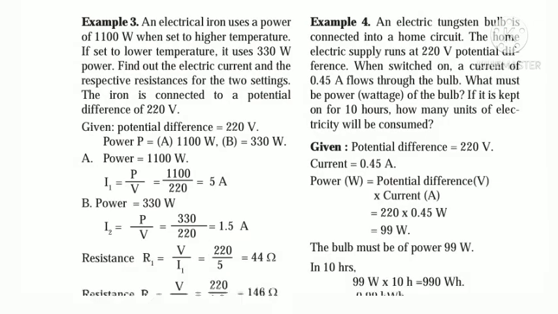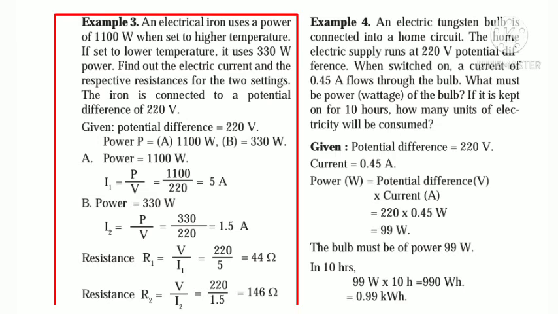Now third example. An electric iron uses a power of 1100 watt when set to higher temperature. If set to lower temperature, it uses 330 watt power.